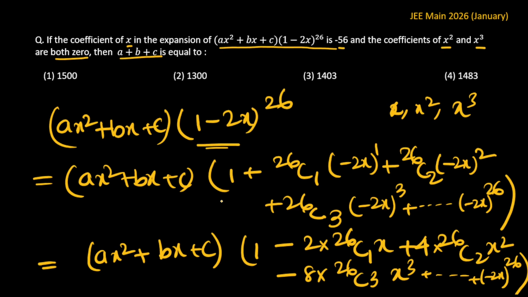Now we find the coefficient of x first. Compare here the x and here x. If we multiply c by this term, then we get the coefficient of x, and if we multiply b by 1, then we also get the coefficient of x.